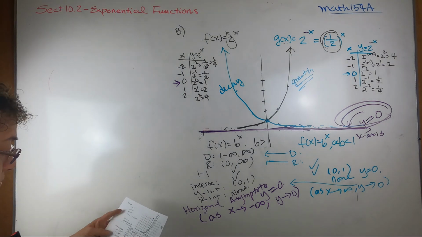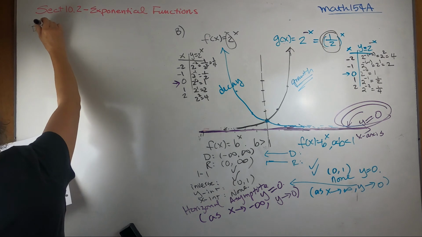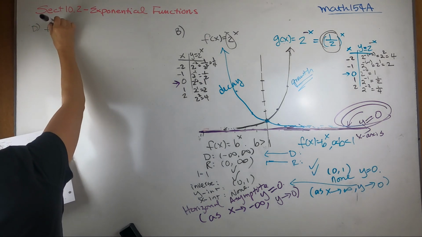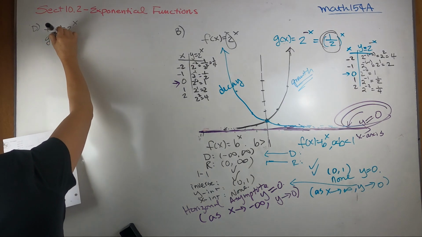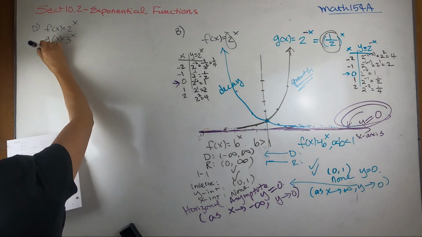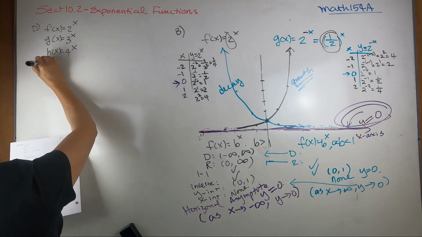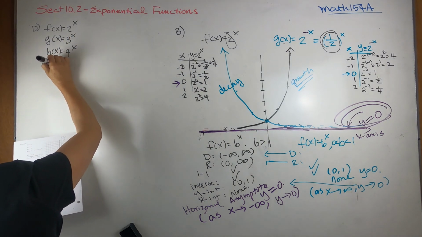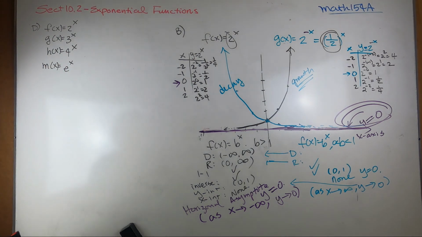So let's see, if we want to do this one, if my f of x is 2 to the x, g of x is 3 to the x, h of x equals 4 to the x, and m of x equals e to the x. How does it look?